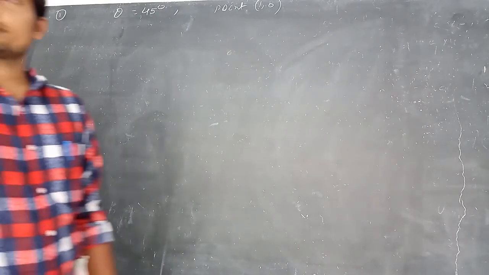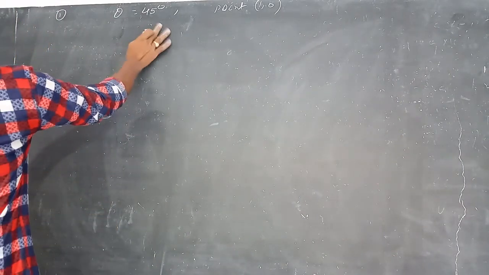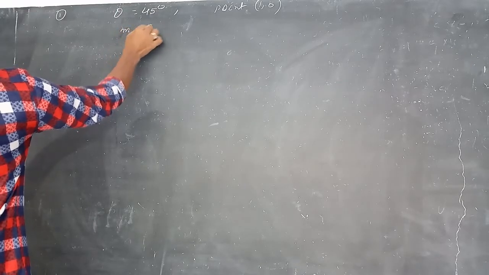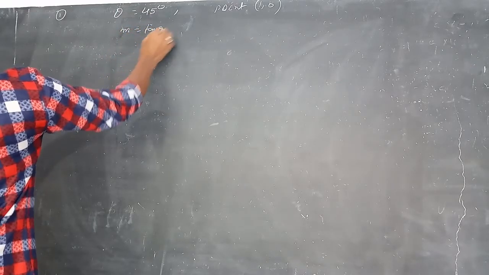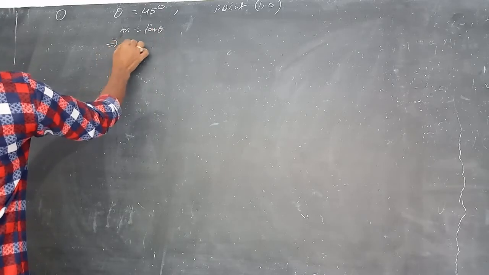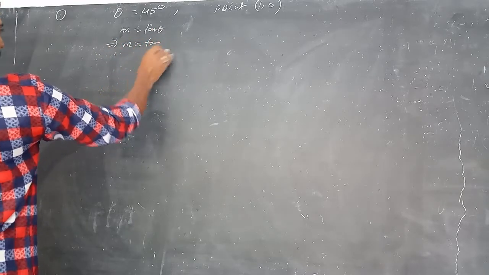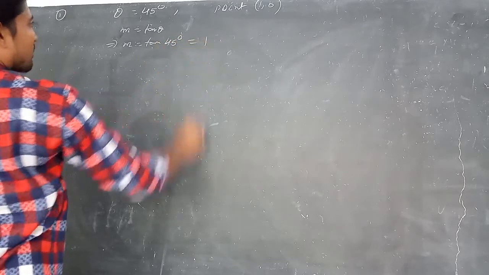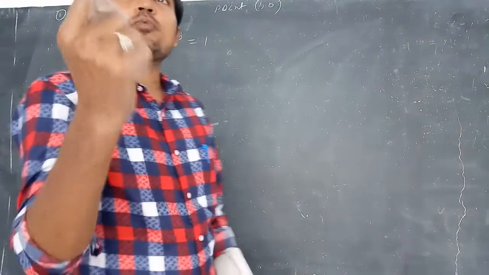We know that slope M equal to tan theta. That implies M is equal to tan 45, which is equal to 1. Slope is 1.